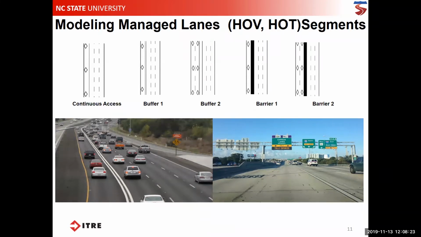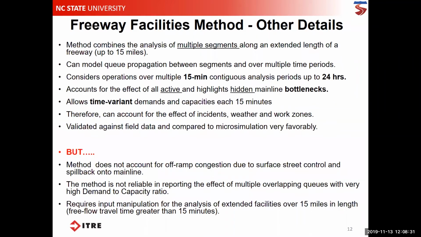So we are able, for example, to test the effect of those managed lanes on travel time reliability. So some additional detail before we get into how the reliability is impacted. We do analyze up to 10 to 15 miles on a facility.